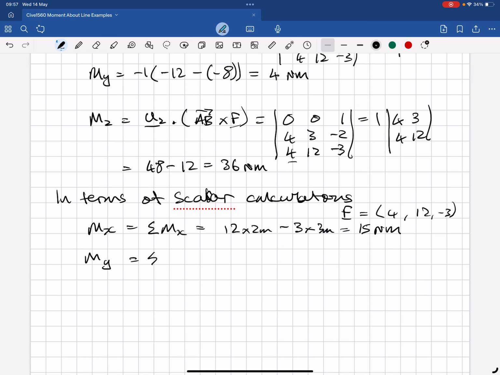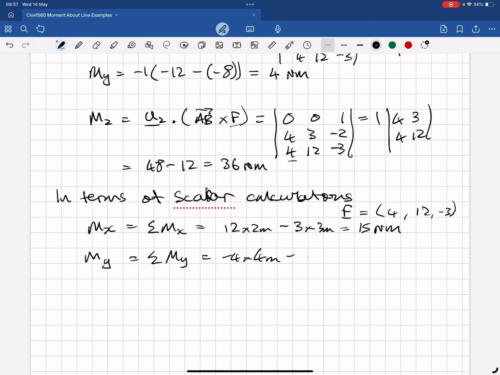My is equal to the sum of My, which equals minus 4 times 4 meters minus 3 times 4 meters, which equals 4 Newton meters.